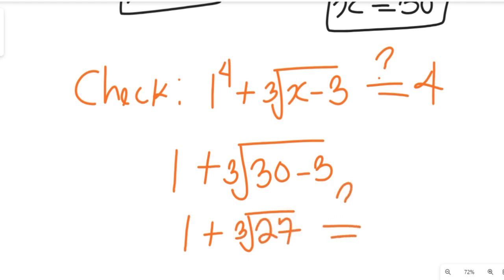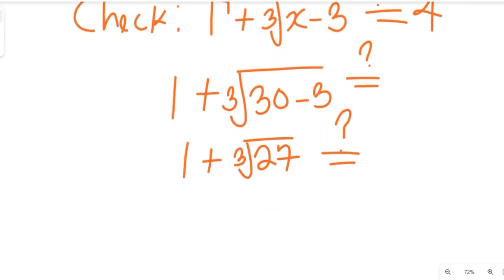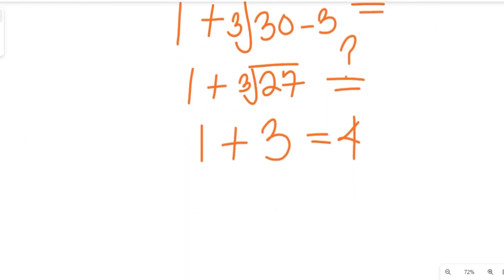Is it going to give us 4? The cube root of 27 is 3, so we'll have 3 plus 1, and that will be equal to 4. So we see 4 on the left-hand side gives us 4 on the right-hand side.